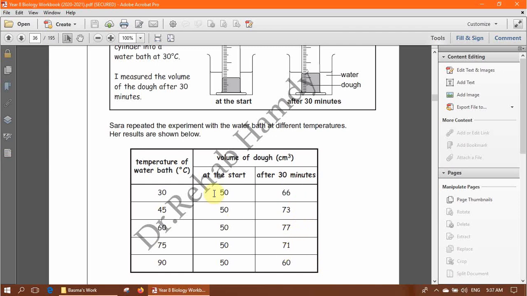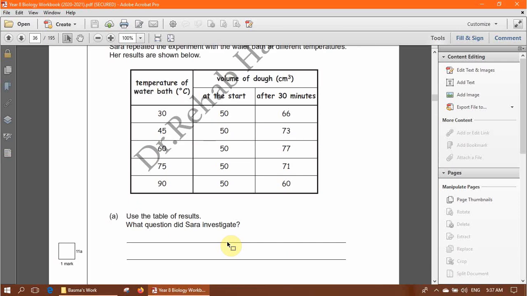Why? Because in the cold temperature, the yeast is inactive, and so it didn't reproduce a lot. And when it's too hot, the yeast is killed at very high temperature. Okay, so use the table.